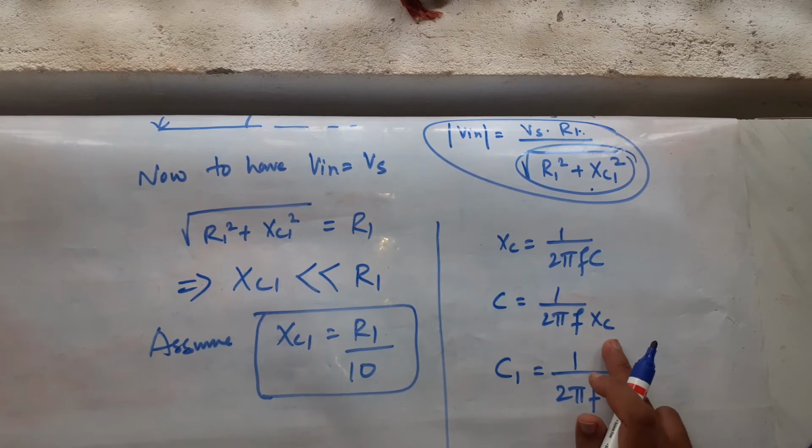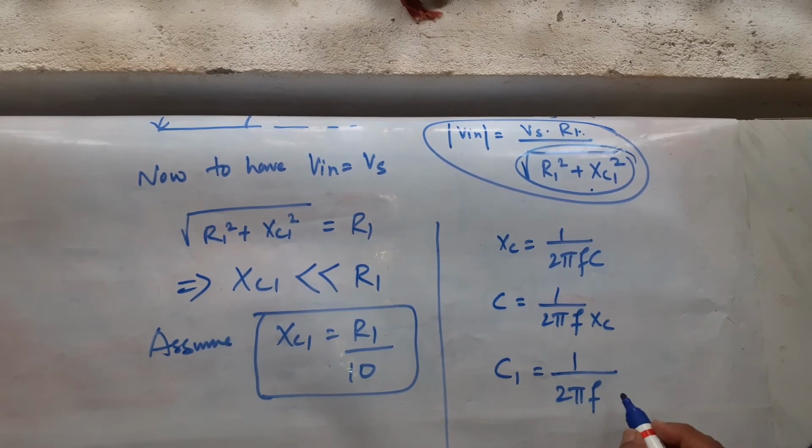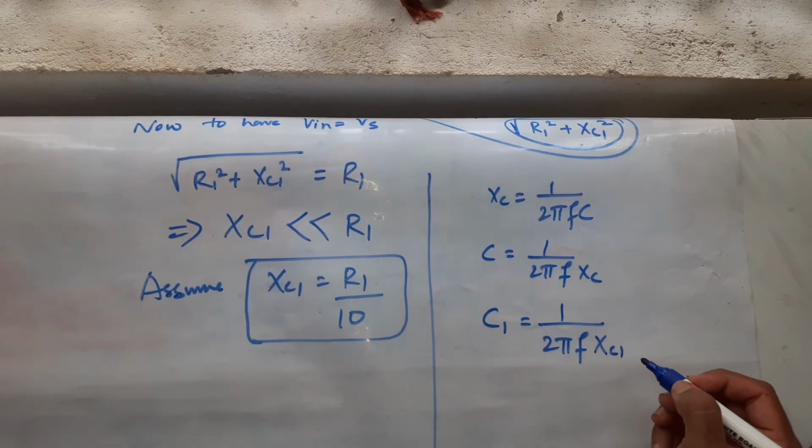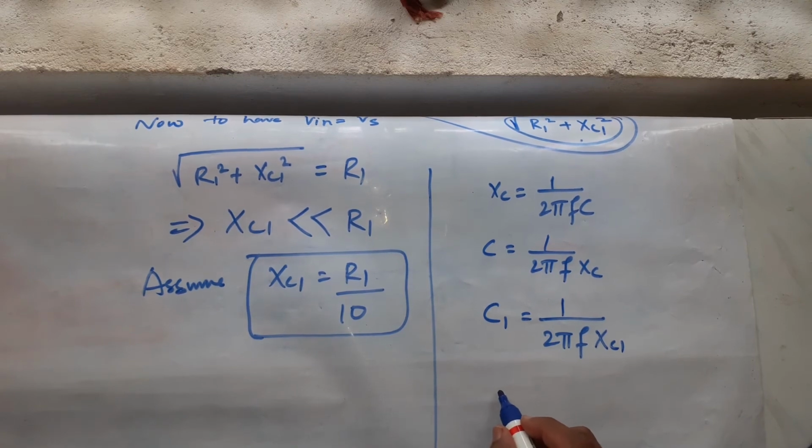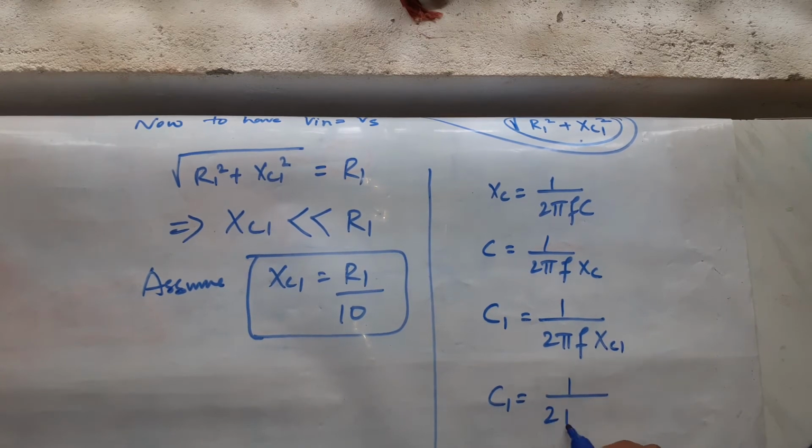Now instead of writing Xc, we have Xc1. For our example, I can replace this Xc1 equal to R1 by 10, 2 pi FL, L stands for lower cutoff frequency, Xc1.